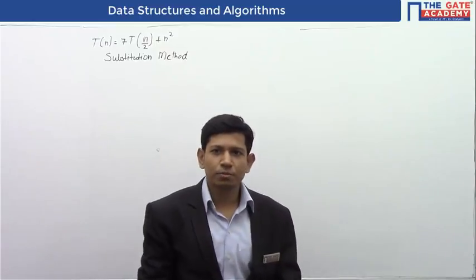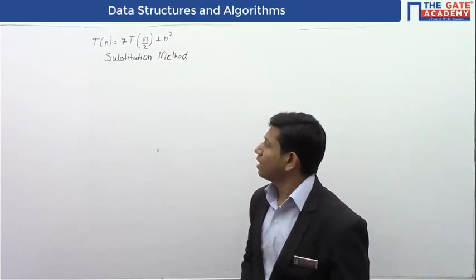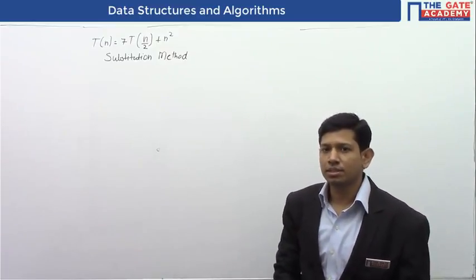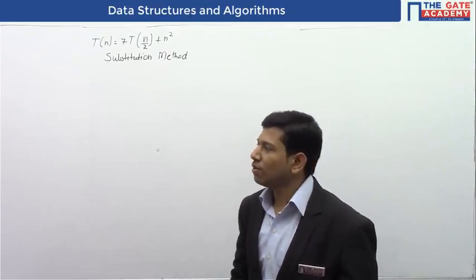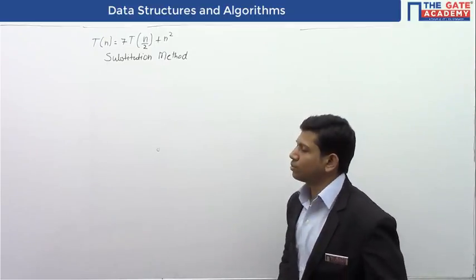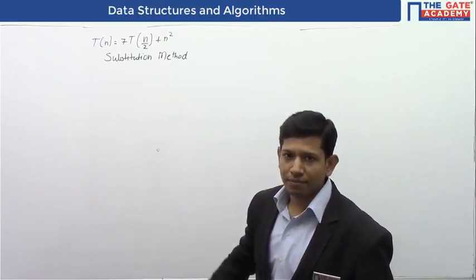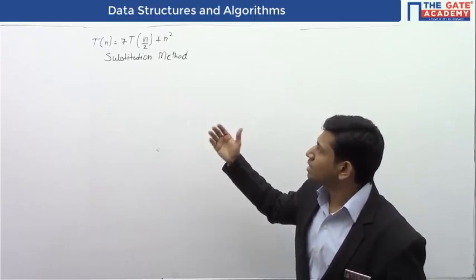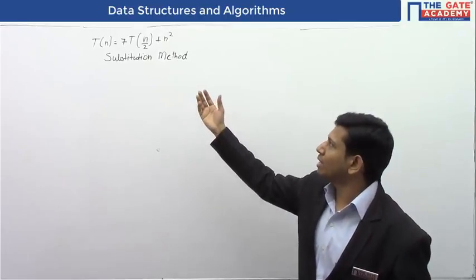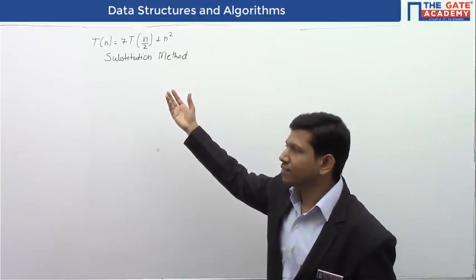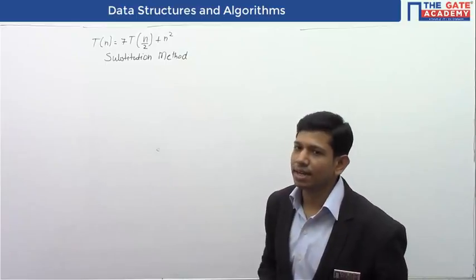First, let's solve this problem using the substitution method. After that, we will solve it using the master theorem. So, how do we solve a recurrence relation using the substitution method? In the substitution method, we take the given function and we recursively substitute the value of that recursive function from the given relation.